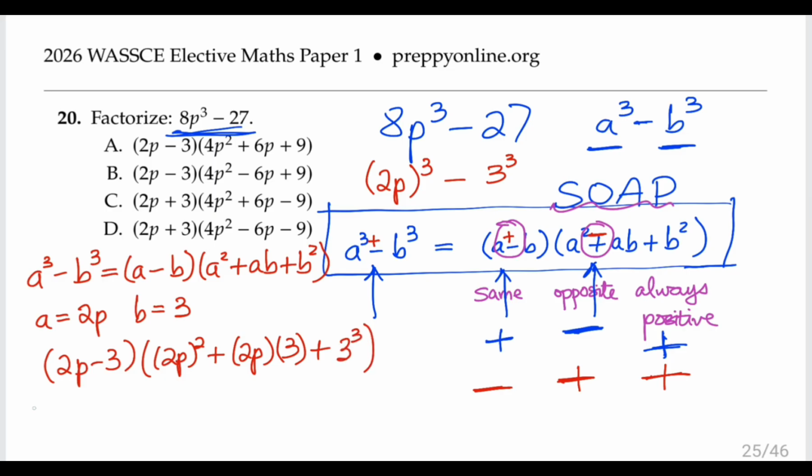Okay, so this is equal to 2p minus 3. Then 2p all squared is 4p squared. 2p times 3 is 6p. And then 3 squared is 9. So looking at the answer options, the answer is A.